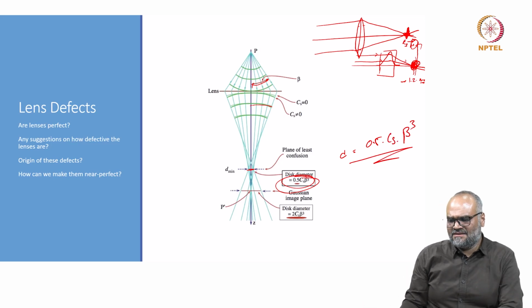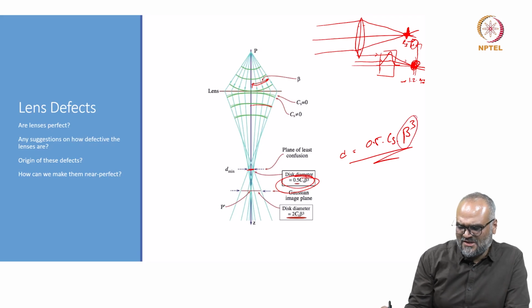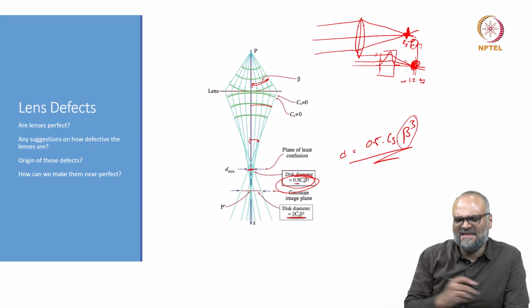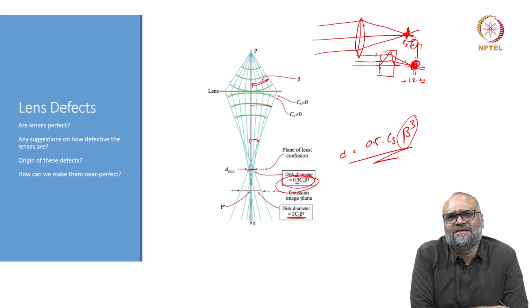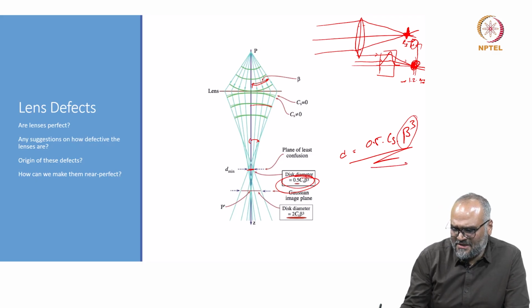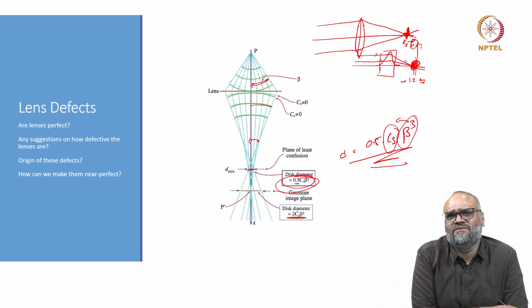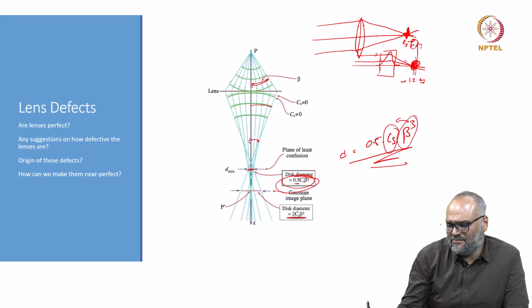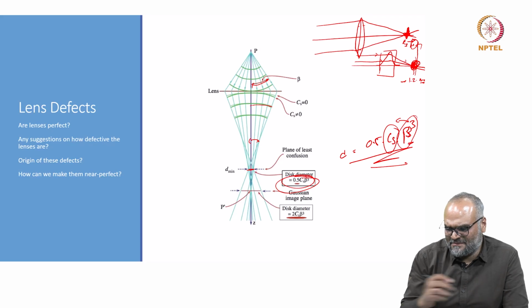I can write the lens aberrations in terms of the angle of deviation away from the optic axis, and when I expand it as a polynomial, the spherical aberration is the coefficient of the beta cube, or theta cube, here.